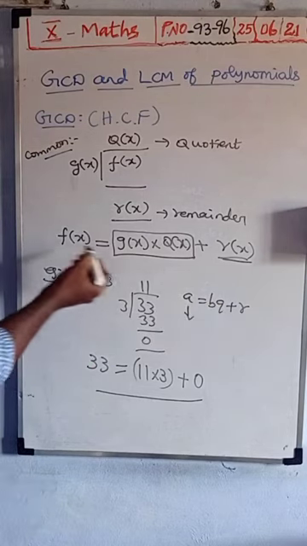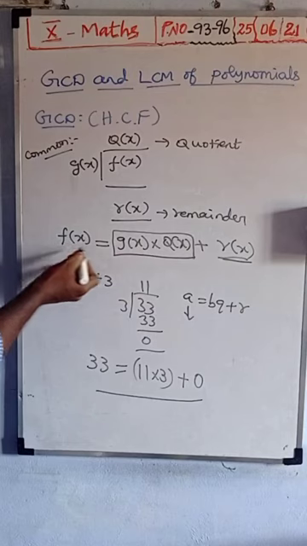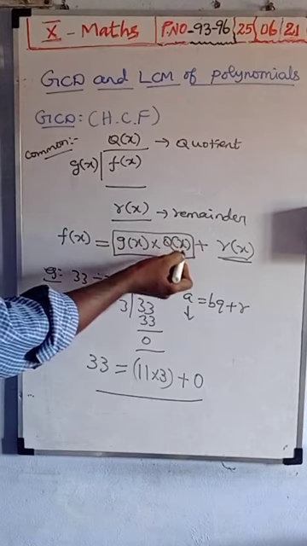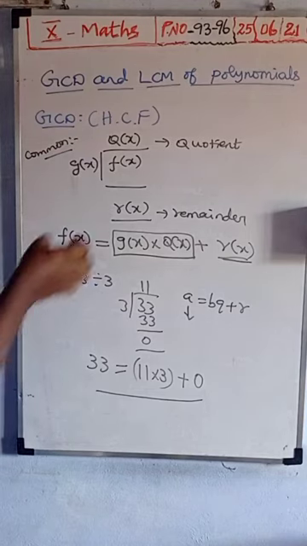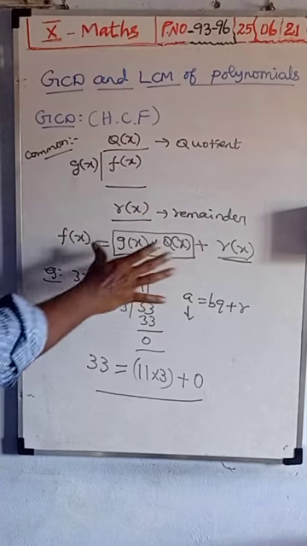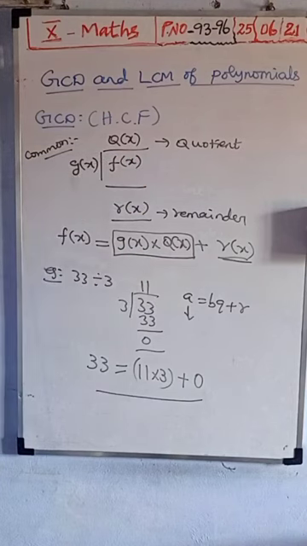Like that only, here f of x is the dividend, g of x is the divisor, q of x is the quotient, and r of x is the remainder. So the given polynomial we can write in this format.